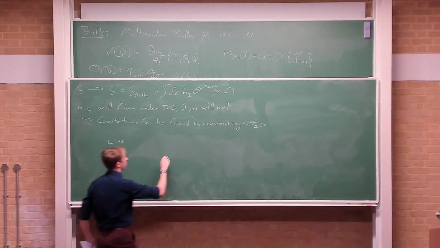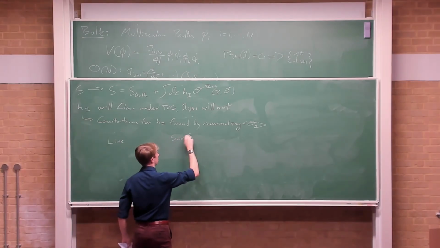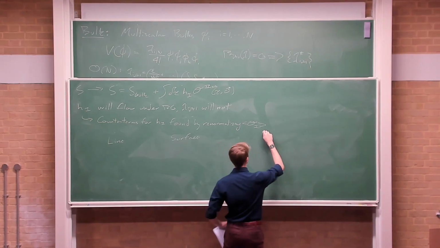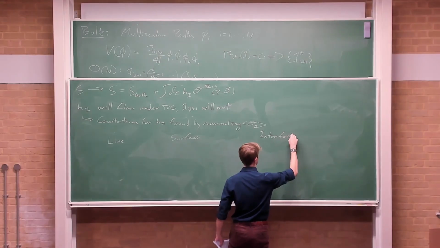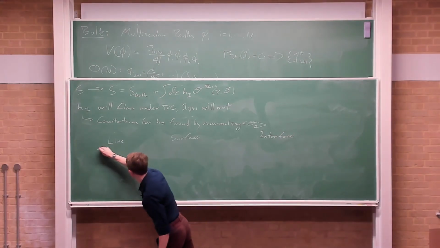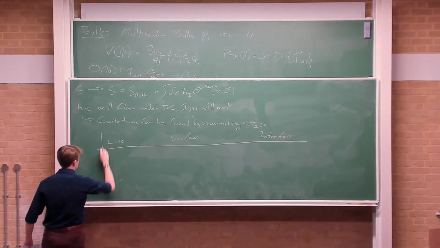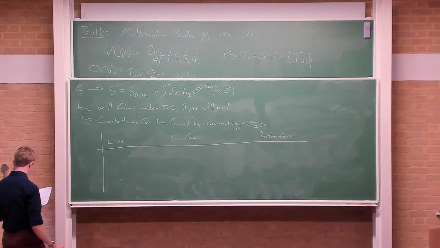So we have the 3 cases: lines, surface, and interface. And what will these operators be in each case?